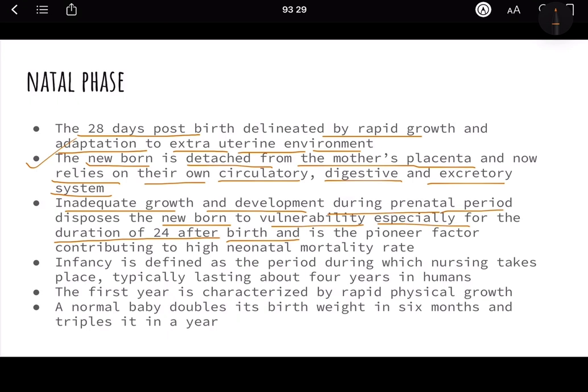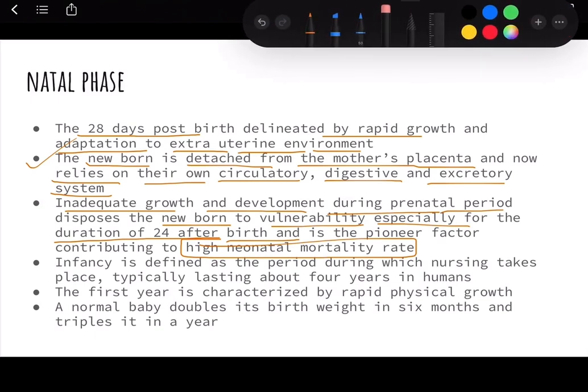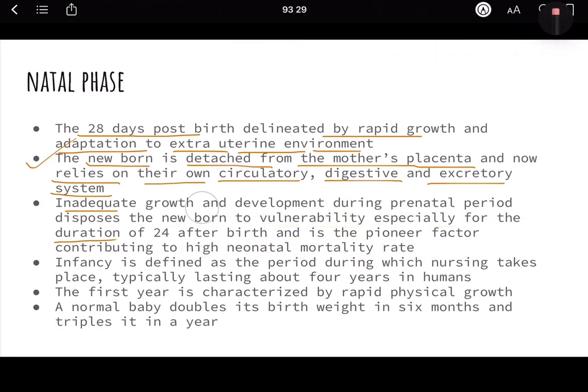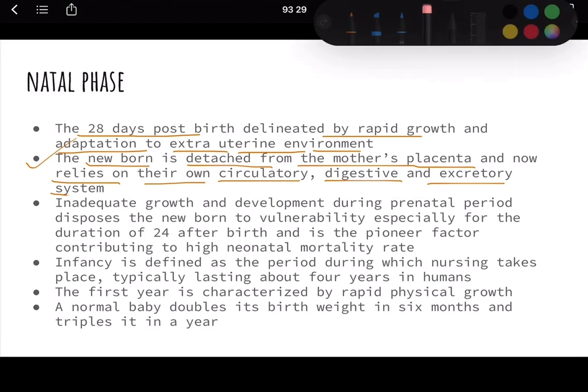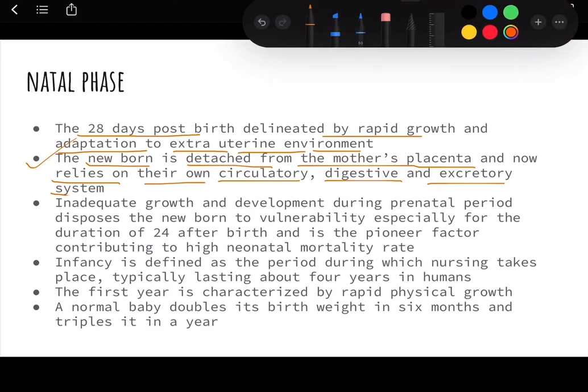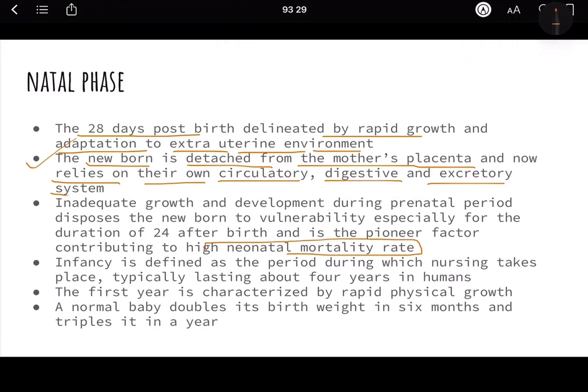So that time is very critical, and that is the time when there is high neonate mortality also. Because this is the time of that shift, if you do not take care of the baby, there are chances of a high mortality rate. Neonate mortality is high because of that only, because there is a shift from the mother's support system to your own. You have to develop your own.